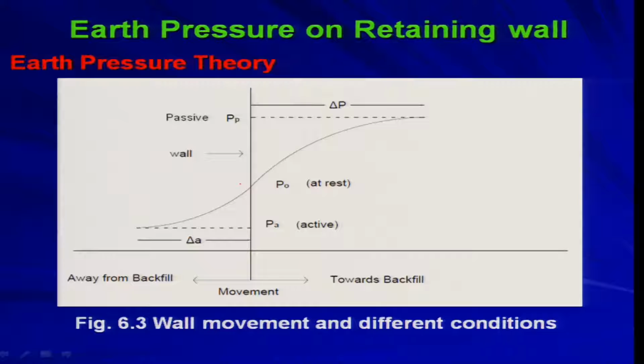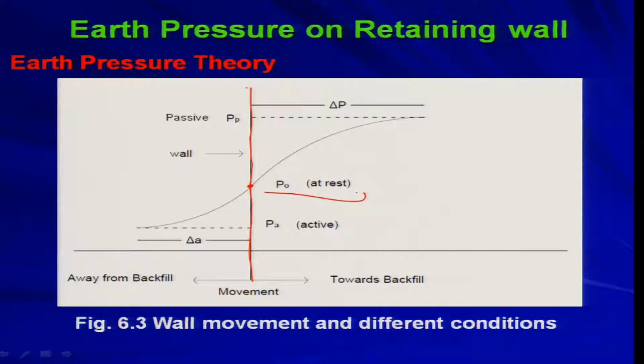Now, based on the wall movement, we can see the different conditions. So, suppose this is the wall, and at rest condition you get, say, P naught. At rest condition, the total pressure is P naught.